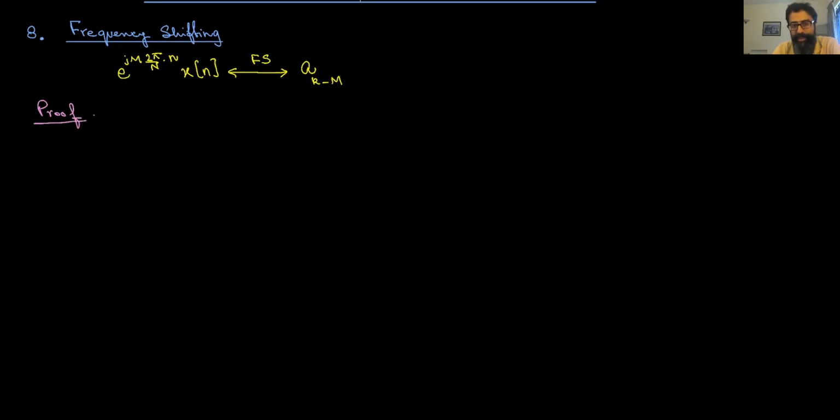I would encourage you to pause this video now and try the proof on your own, and then unpause it. So hopefully you're doing that right now. Let me give you the answer nevertheless.